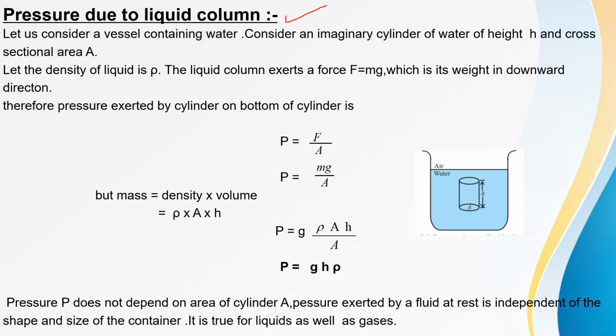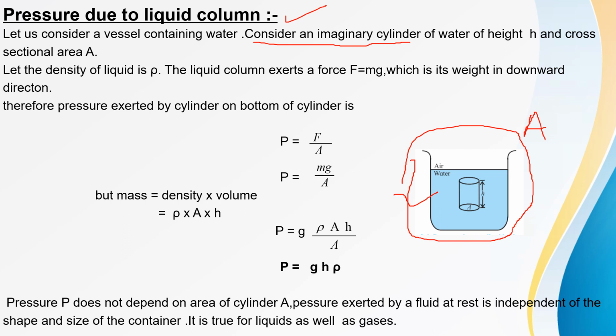Let us consider a vessel containing water, and consider an imaginary cylinder of water of height h and cross-sectional area A. Let the density of the liquid be ρ, and the liquid column exerts the force F = mg, which is its weight, in the downward direction. Therefore, the pressure exerted by the cylinder on the bottom is P = F/A.